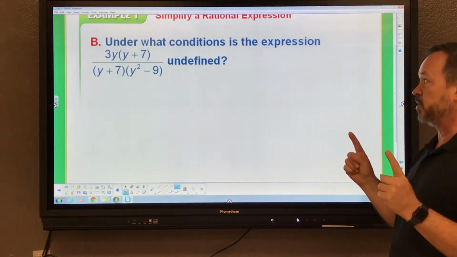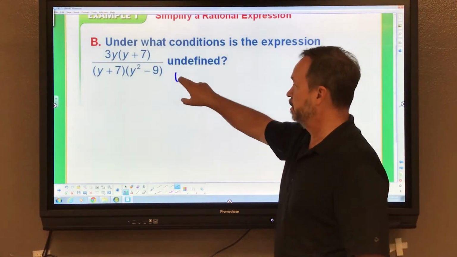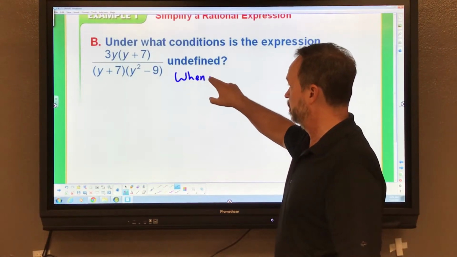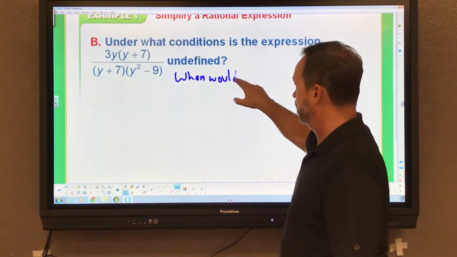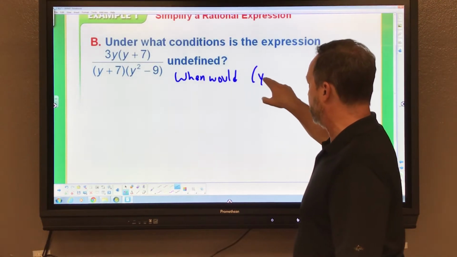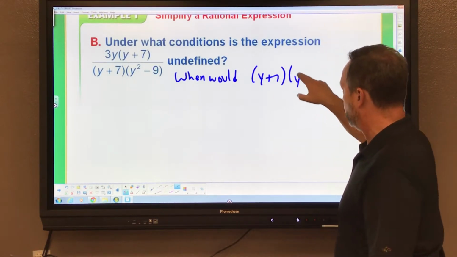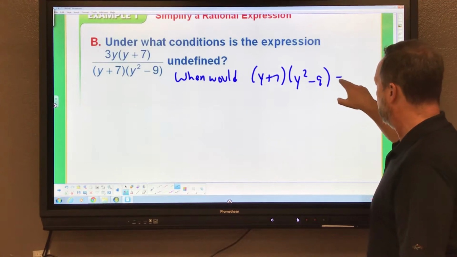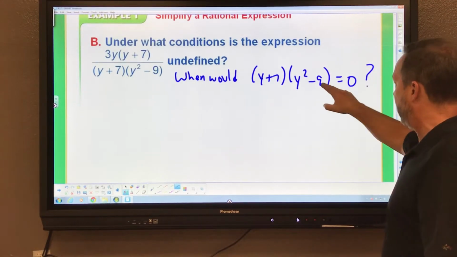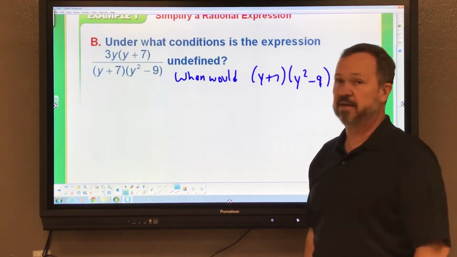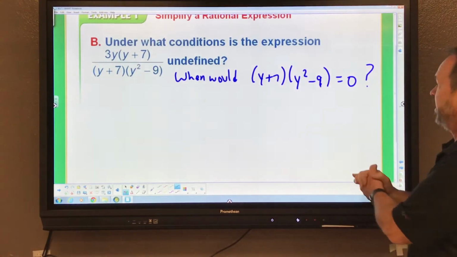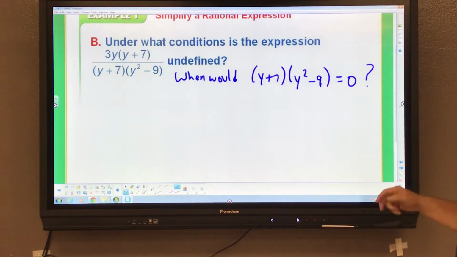So that's the question. When would y plus 7 times y squared minus 9 equal 0? Because when that happens, it's undefined. Okay? So that's our question. When does that happen?